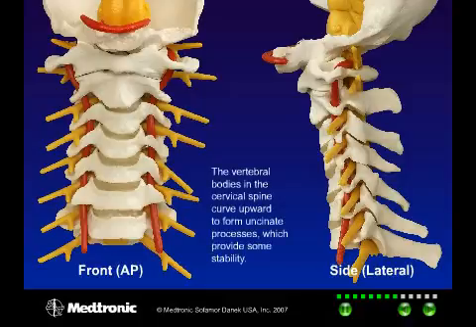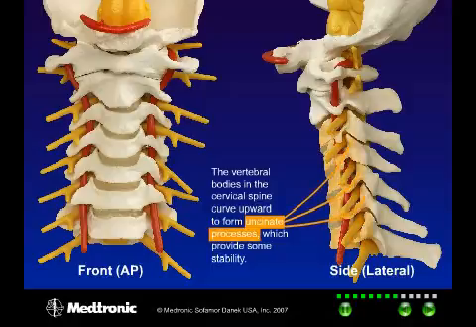The vertebral bodies in the cervical spine curve upward to form uncinate processes, which provide some stability.